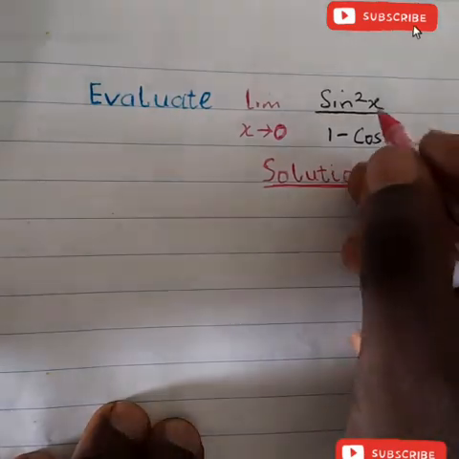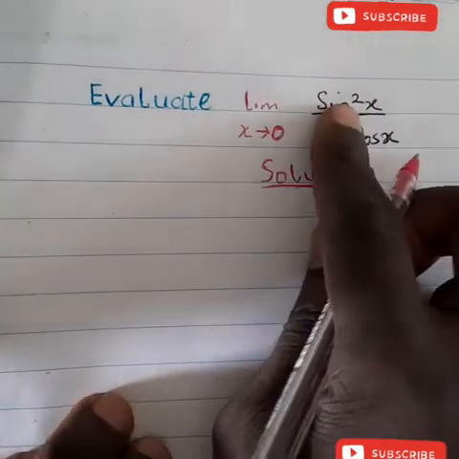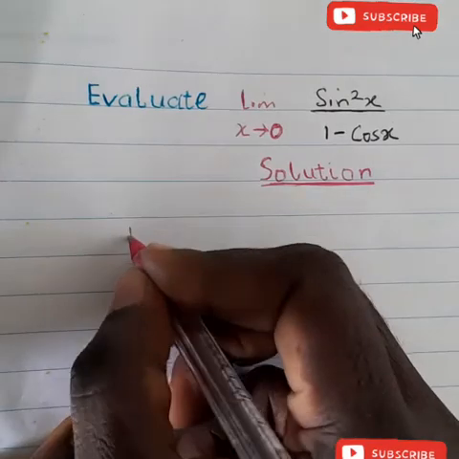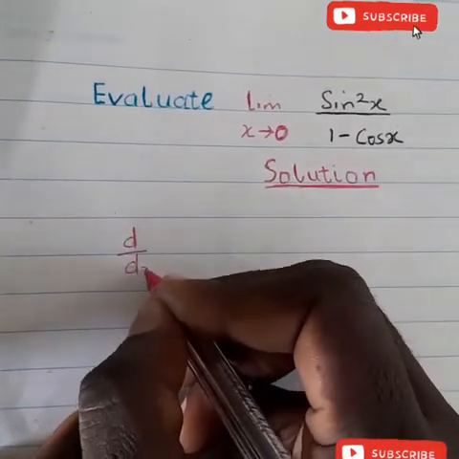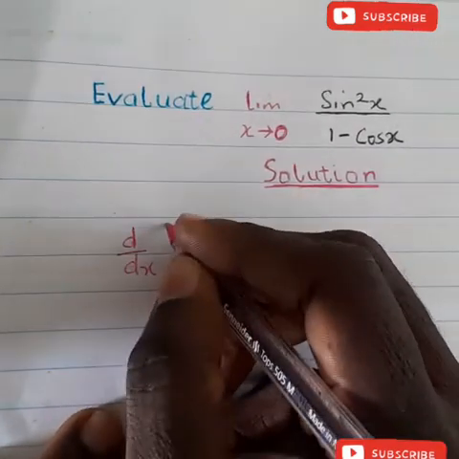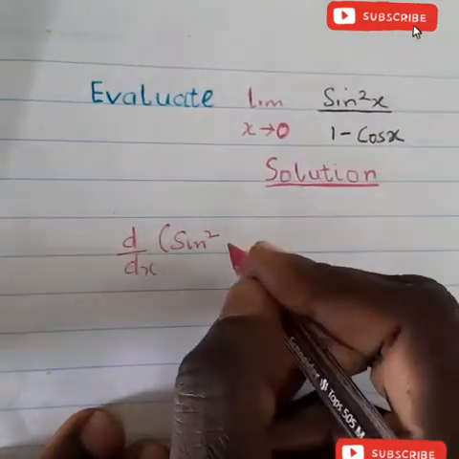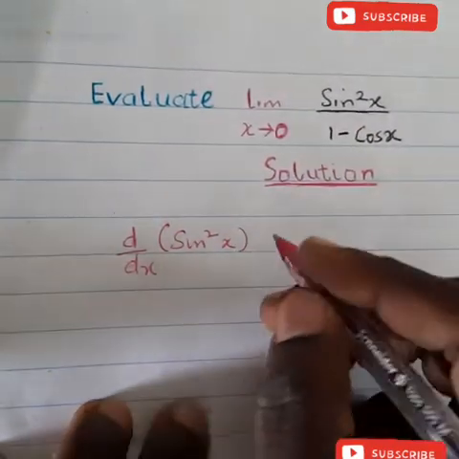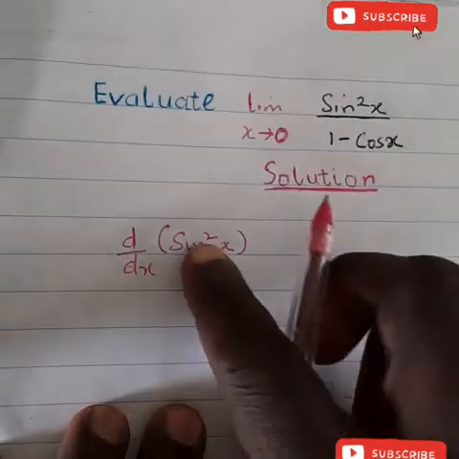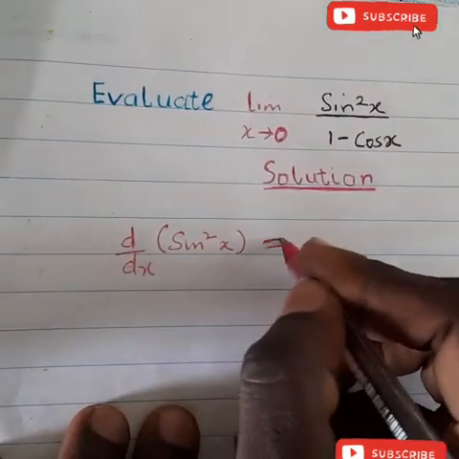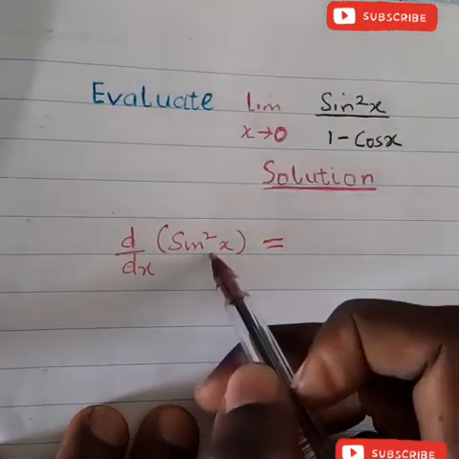So I'm going to differentiate d/dx of sin squared x. I'm going to use a substitution for this.